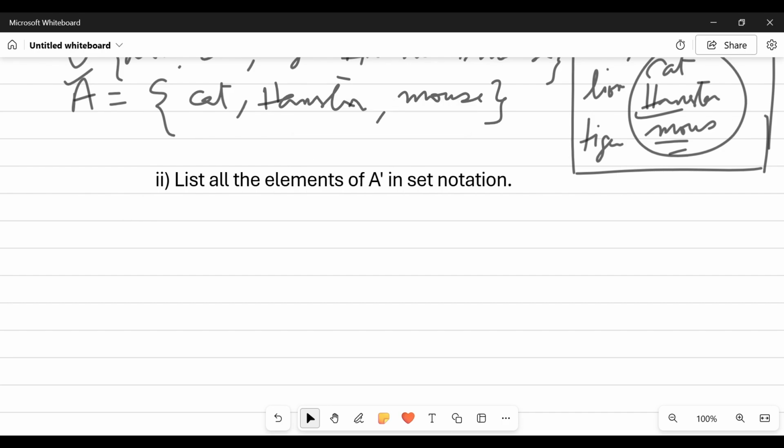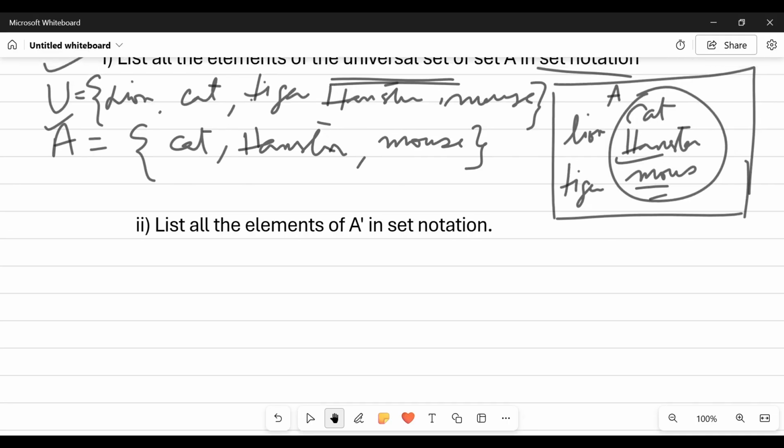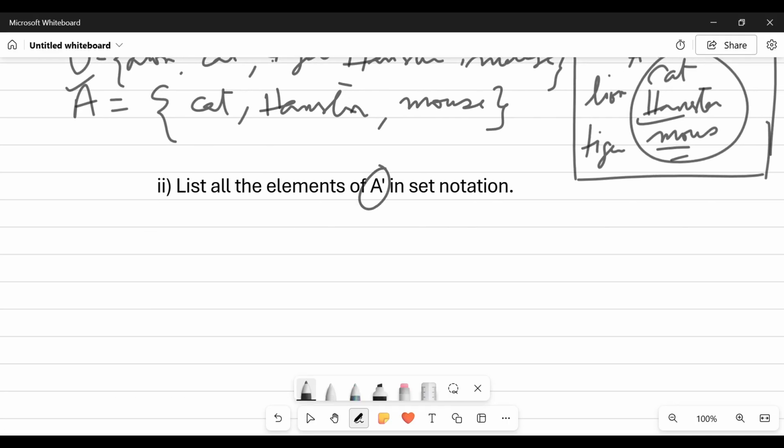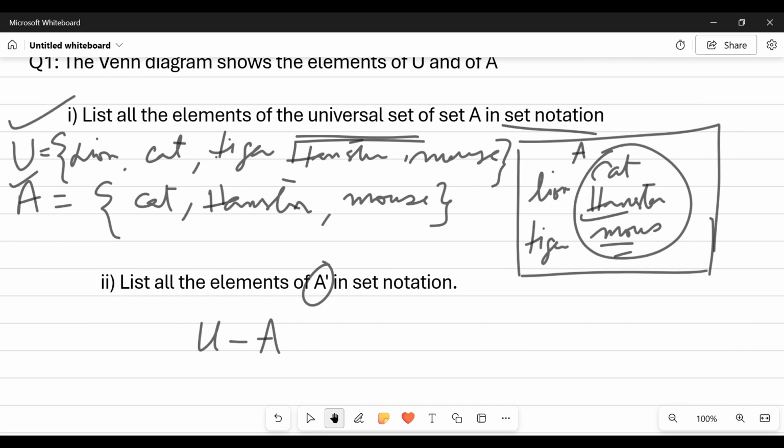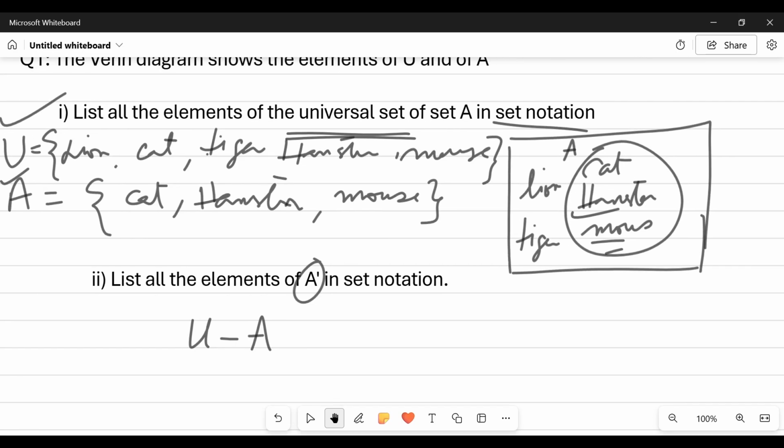The second one is to list all the elements of A complement in set notation. A complement means U minus A. U minus A means you need to subtract the elements which are included in A from the universal set. This whole rectangle is the universal set in which all 5 elements are included.